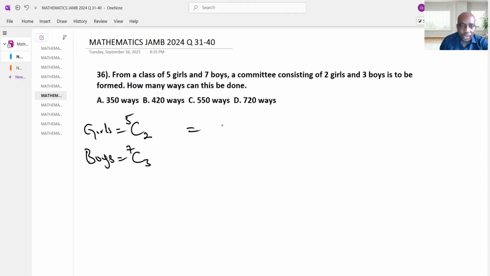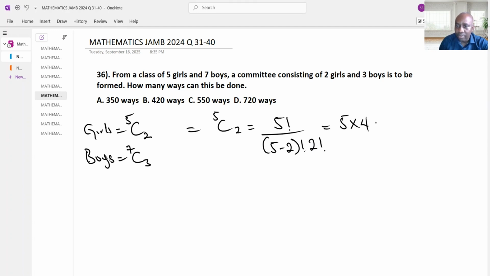To calculate it, 5 choose 2 is the same thing as 5 factorial over 5 minus 2 factorial, 2 factorial. Now to open this one, to open the factorial, we are going to multiply backward. 5 times 4 times 3 factorial.